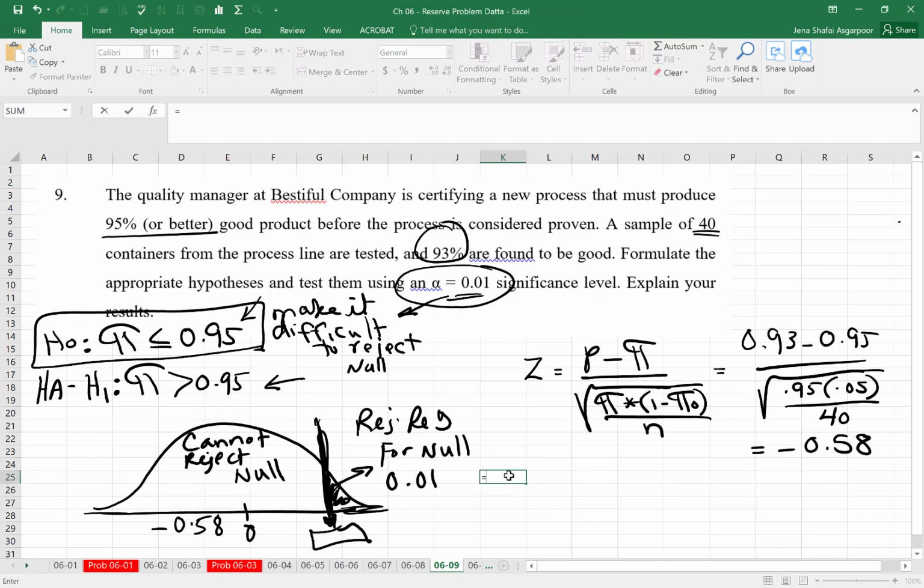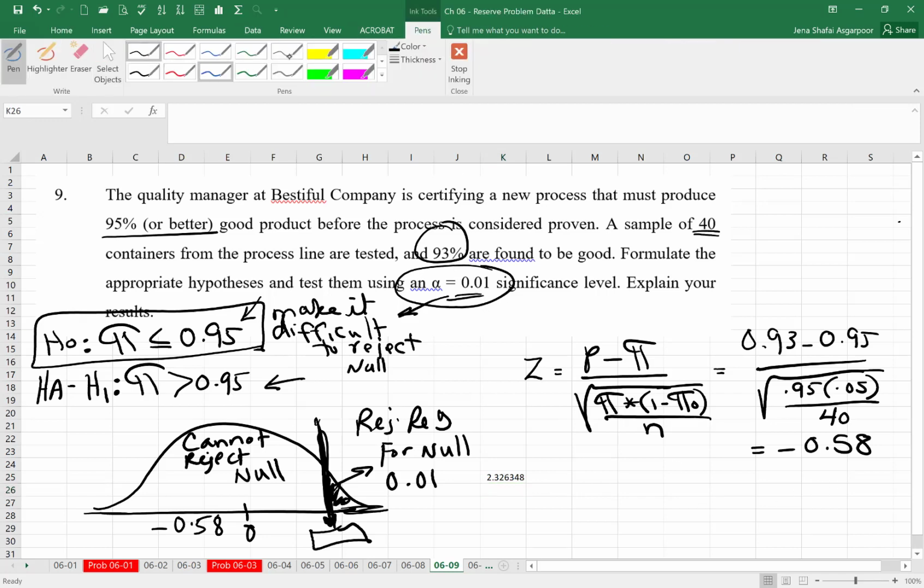So I'm going to set it equal to NORM.S.INV, and I'm going to compute it for 0.99, because we know that the area to the left of it has to be 0.99, since the rejection region for the null is 0.01. So this number we found to be 2.33.